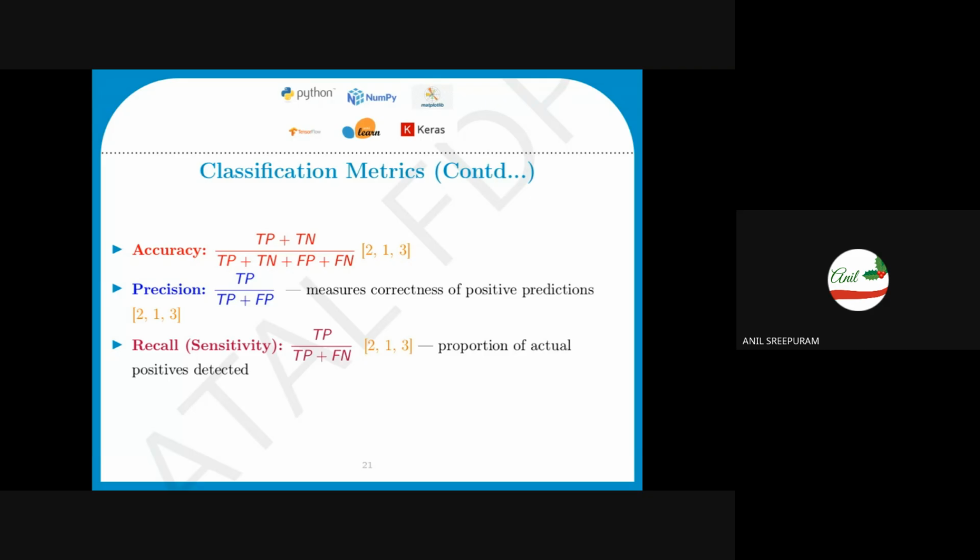But the model is able to predict only 100 among these to be class 1, and the remaining 100 it is predicting as class 0. The meaning is that the model is having a recall of 0.5 only. That means 100 by 100 plus 100. That is, out of the total number of positive cases, how many is the model actually able to predict.